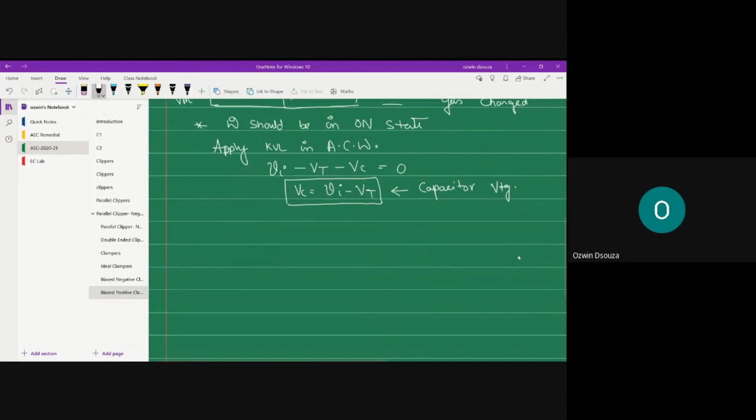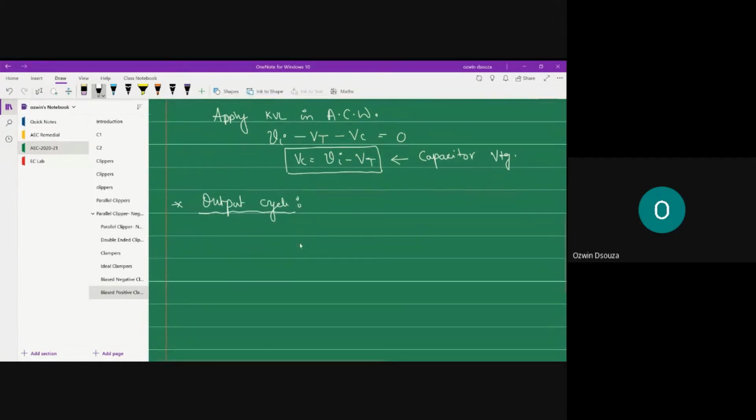Once you are done finding the value of the capacitor voltage, you can proceed to finding the output. Next you can write output cycle. You know the usual procedure to find the output.